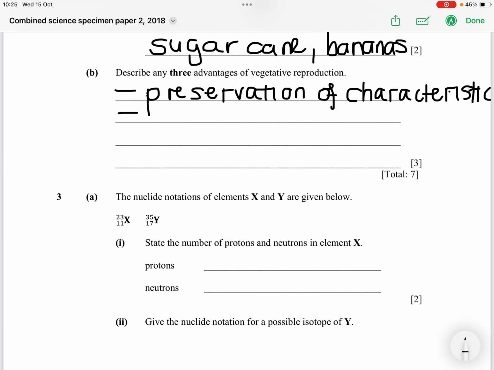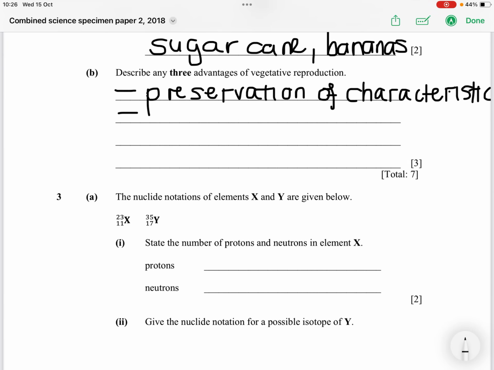Another advantage, it is a rapid method of propagation. So don't just say it is faster, it is easier. You're supposed to explain, because the question is saying describe. So vegetative reproduction is a rapid method of propagation because there is no need for germination or fertilization.